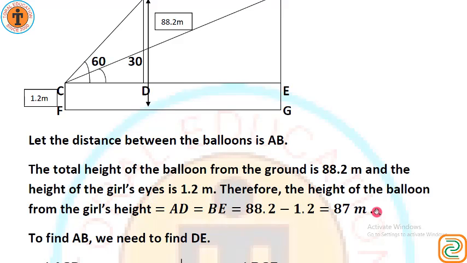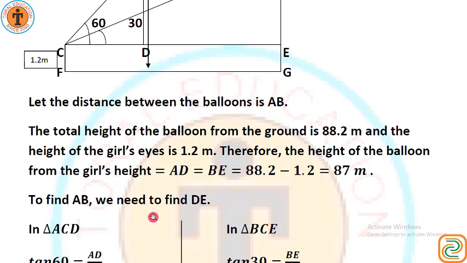Therefore the height of the balloon from the girl's eye level, AD equals BE, equals 88.2 minus 1.2, that is 87 meter. AD and BE are both equal, 87 meter. We need to find DE to find AB.